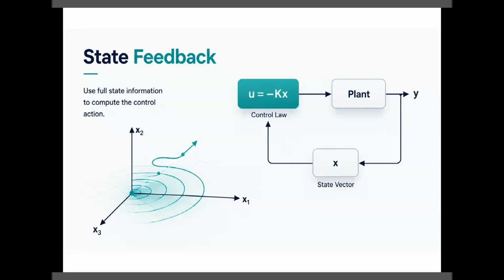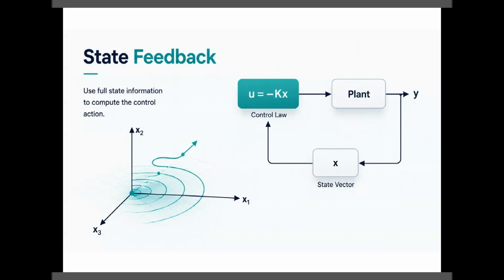Instead of relying only on the output error, the state feedback controller uses the complete state vector to determine the control action. Each state contributes differently to the controller's decision. Some variables may be more important than others, so we assign each one an appropriate weight.